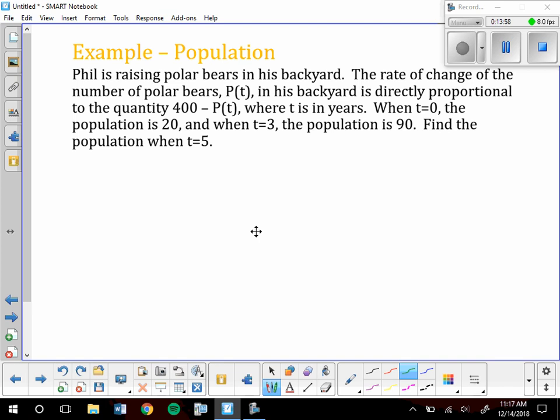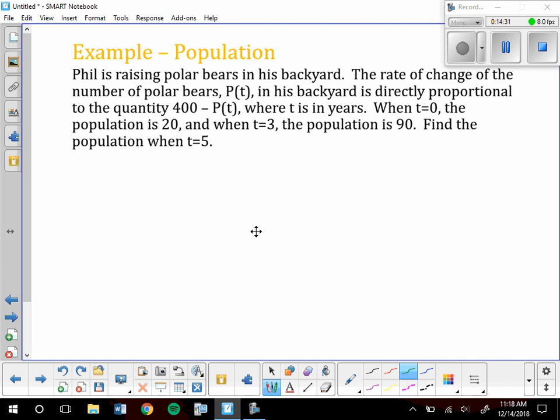The rate of change of the number of polar bears, which we'll call P of t, in his backyard is directly proportional to the quantity 400 minus P of t, where t is in years. When t equals 0, so right now, the population is 20, and 3 years from now, the population is 90. And I want to find the population when t equals 5.